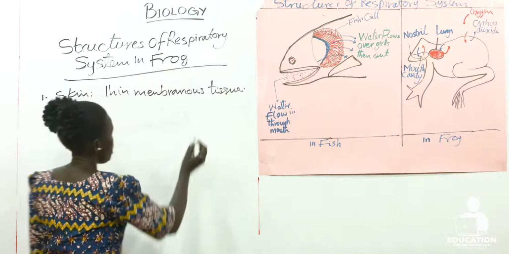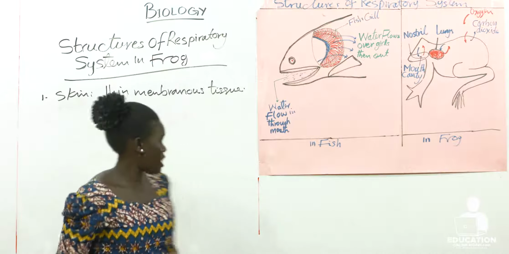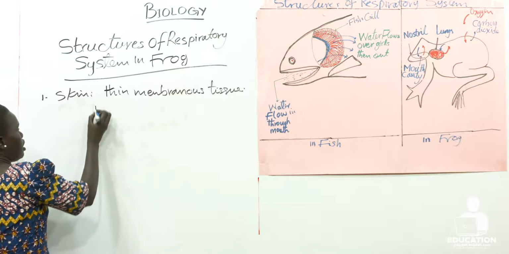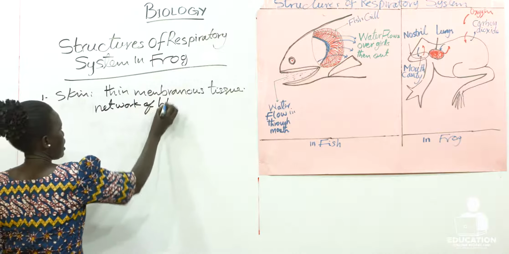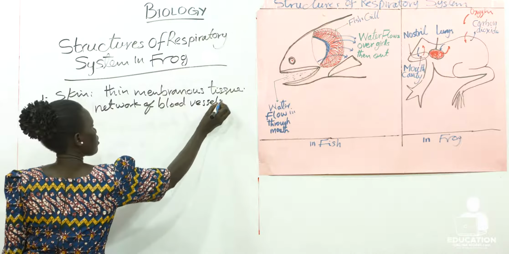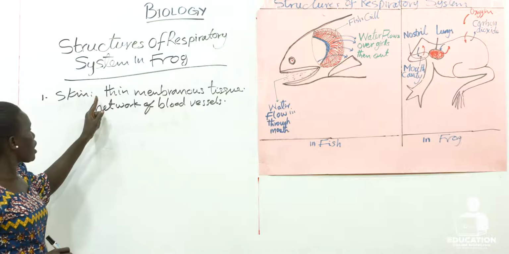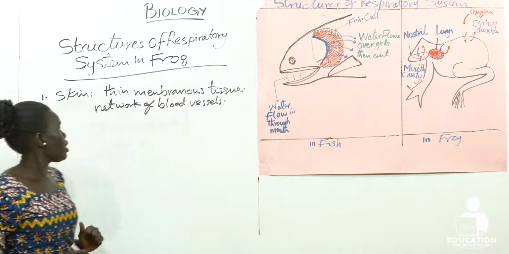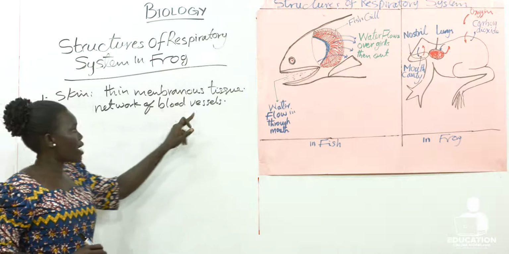So this skin is well equipped with a network of blood vessels. The skin of the frog is characterized by having thin membranous tissue, and at the same time it is well equipped with the network of blood vessels.